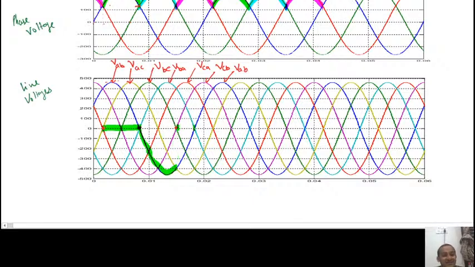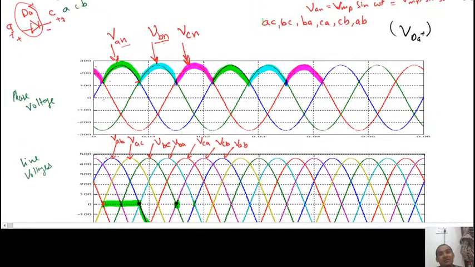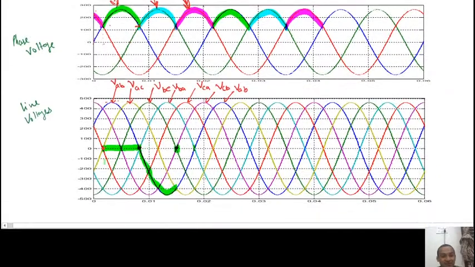Because at this instant C was conducting, and when C was conducting, the voltage across A was VAC. What is VAC? This yellow one. So from this point till what point? Again till this point, because again from here A is conducting, and then A was conducting again for 120 degrees.